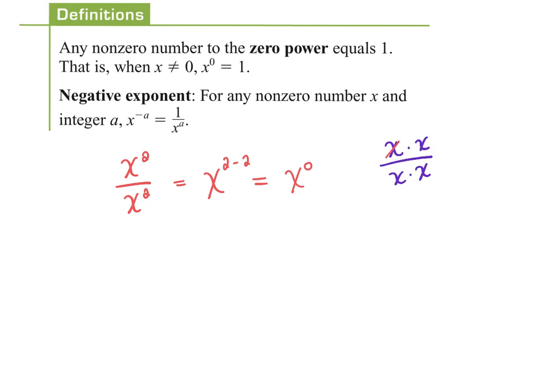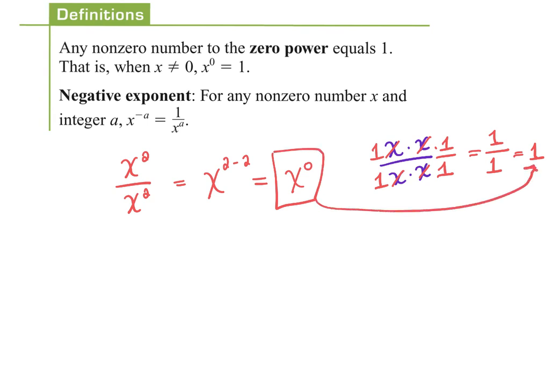What do these cancel to? 1. Anything divided by itself equals 1. So on the top, I have 1 times 1, and on the bottom, I have 1 times 1, which gives me 1 divided by 1 is 1. Anything to the 0 power equals 1.